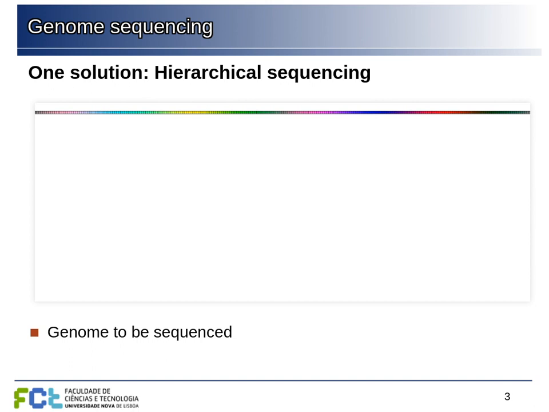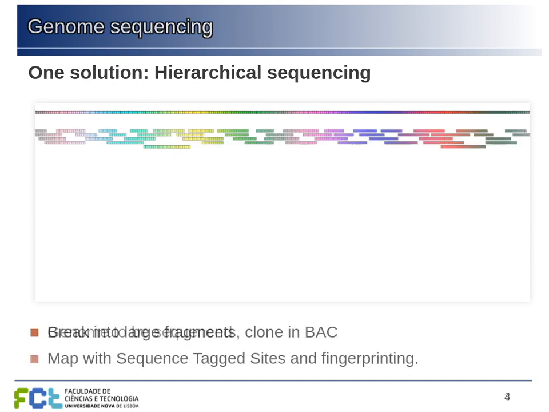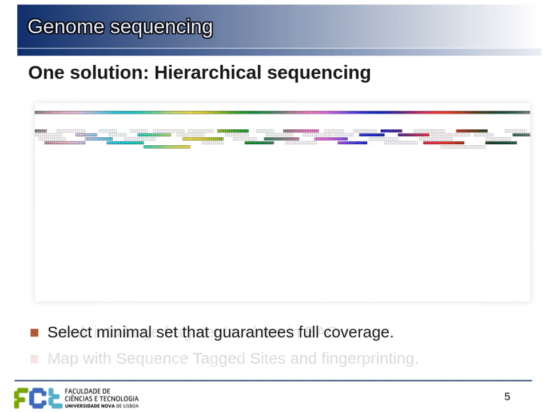We don't know the order of the bases there, but we can fragment it into large fragments and clone them, for example, in bacterial artificial chromosomes, and generate many copies of these large fragments, and then try to map them with sequence tag sites, so fingerprinting and so on, that allows us to have an idea of where in the genome each of these fragments occurs, because there are some parts of the fragments whose positions we know in the whole genome.